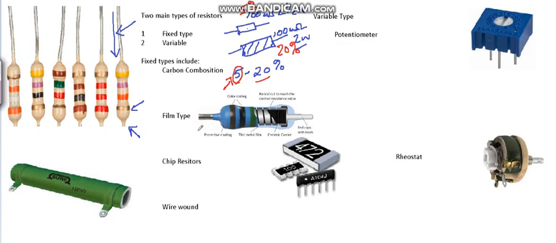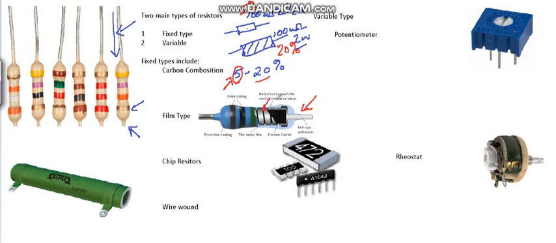Okay, next type is a film type. So this one here, and the film type has taken over for carbon composition. It's much more precise, and there's a resistance film that's deposited on this non-conductive rod over here, and then the value of the resistance is actually set by cutting a spiral groove through the film, as you can see right here, the spiral groove.